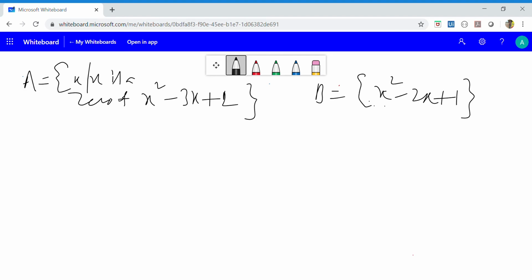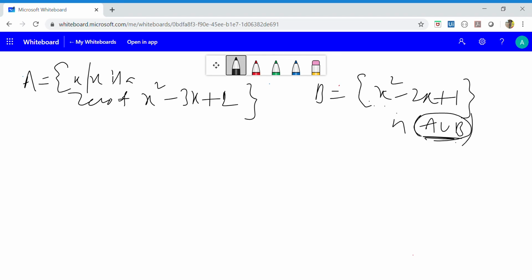Find n of A union B. Okay. So to get n of A union B, you have to find out A union B.